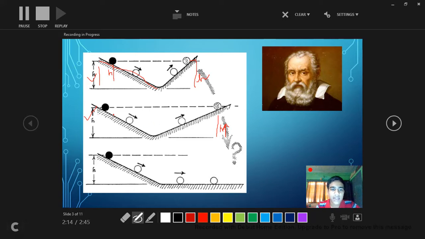So as the distance is increased, the ball is covering more distance to reach the same height, because the angle is less.